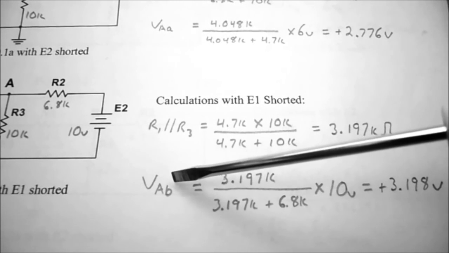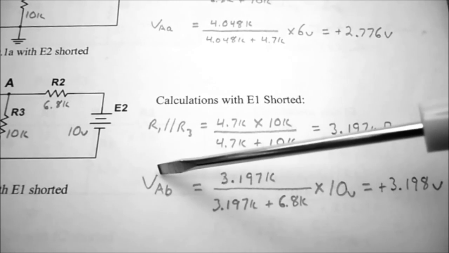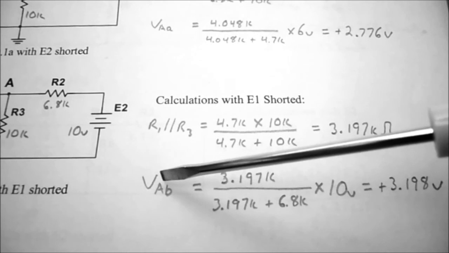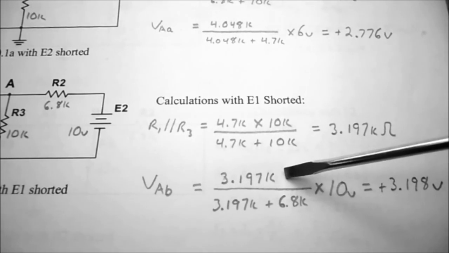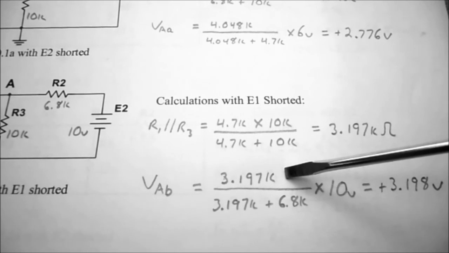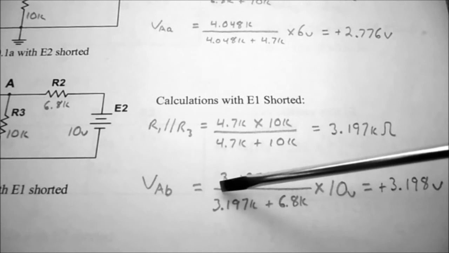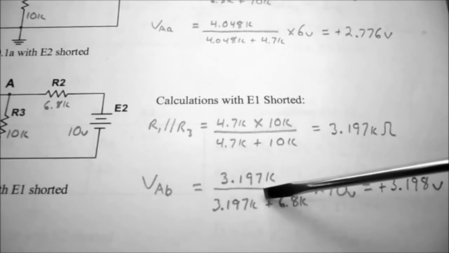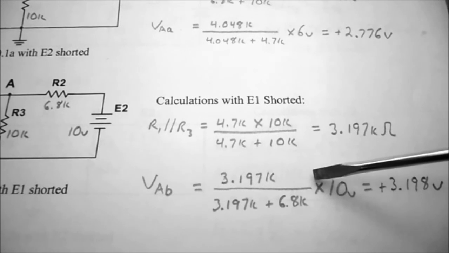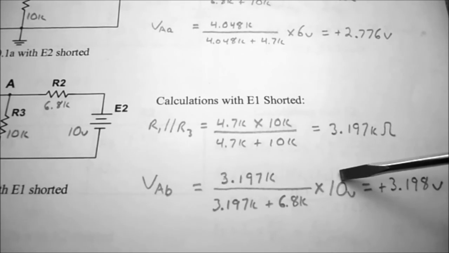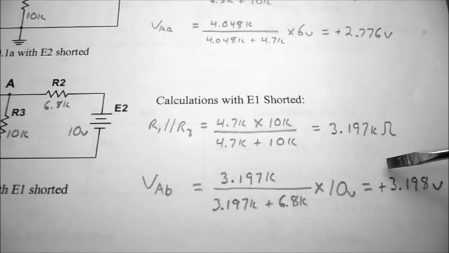So applying the voltage divider law, we can find the voltage at point A for circuit B as being 3.197K, which is R1 in parallel with R3, divided by 3.197K plus the 6.8K ohms of R2, times E2, which is 10 volts, and that works out to plus 3.198 volts.